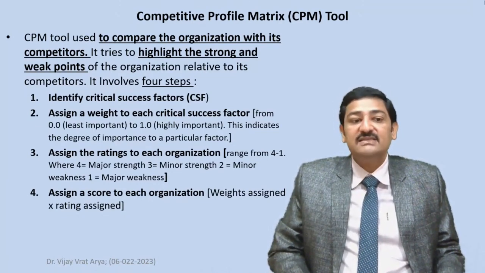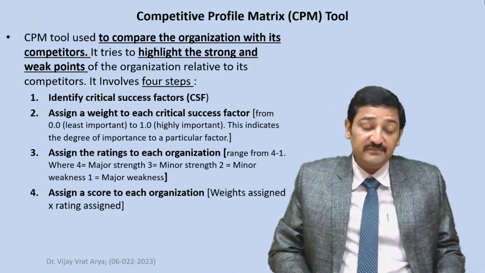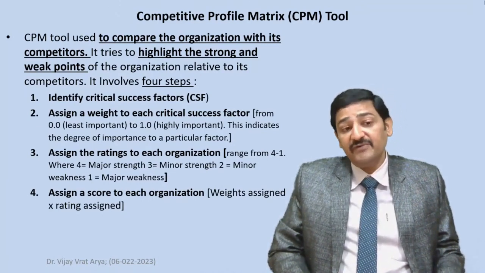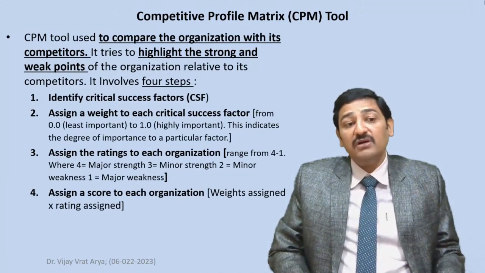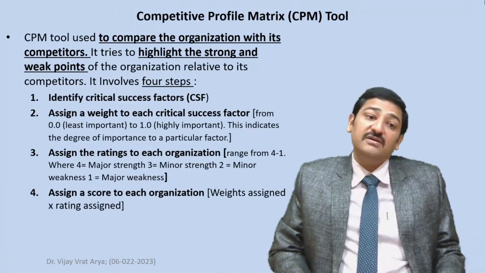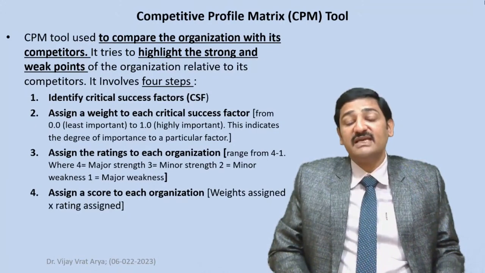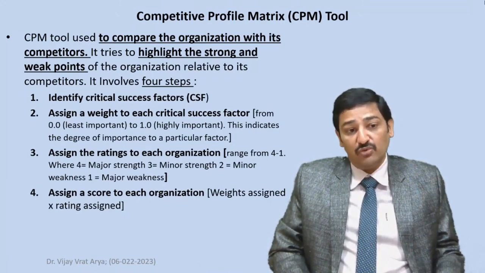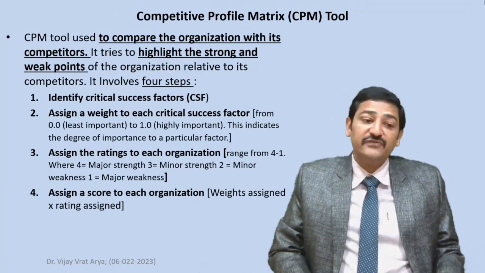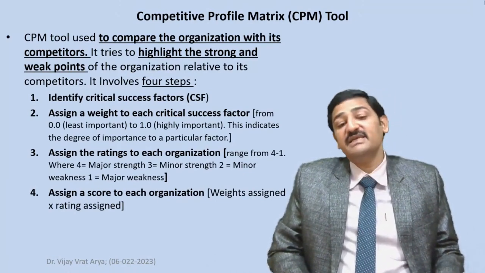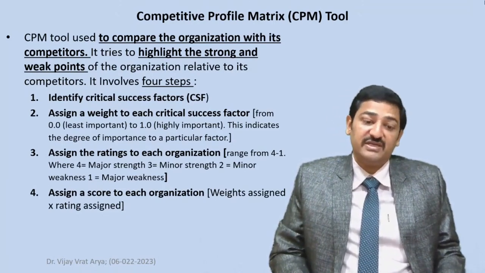This indicates the degree of importance of a particular factor. In step number 3, we assign ratings to each organization for the respective critical success factor, where the range is between 1 to 4, where 1 stands for a major weakness, 2 for a minor weakness, 3 for a minor strength, and 4 for a major strength.